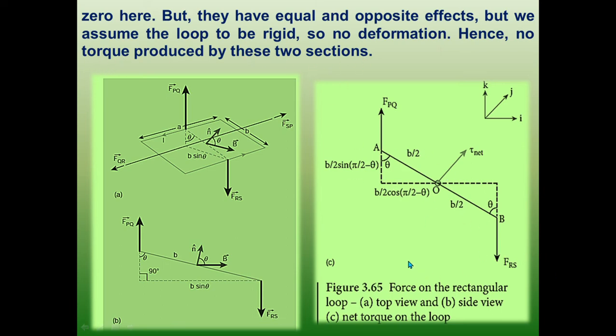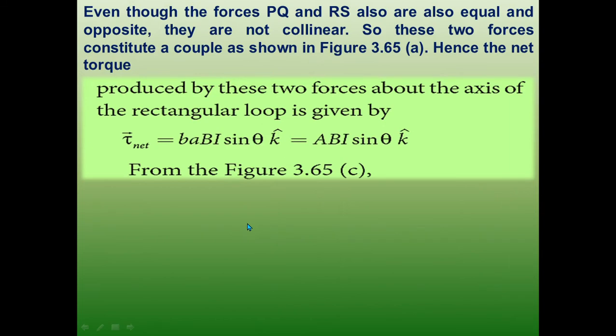So from this diagram we have a detailed explanation about this derivation. Even though the forces PQ and RS are also equal and opposite, they are not collinear. So these two forces can constitute a couple as shown in the figure.